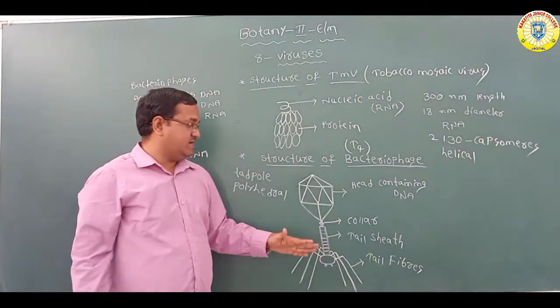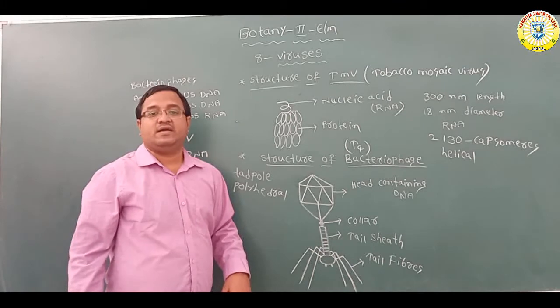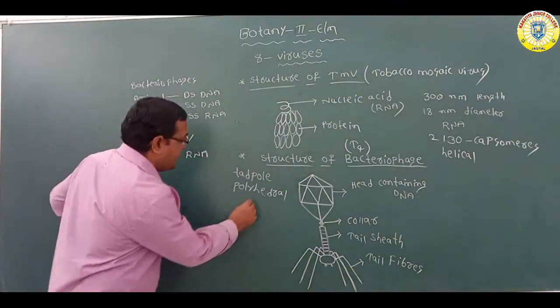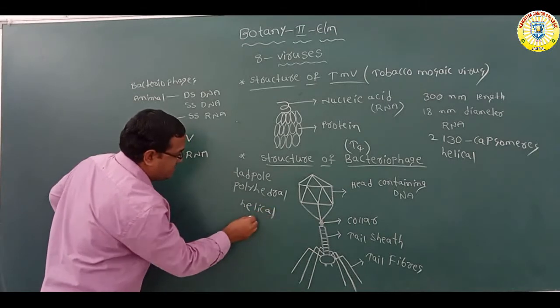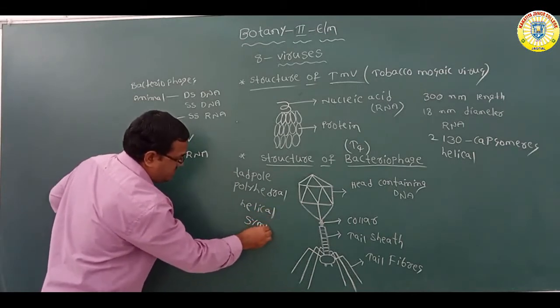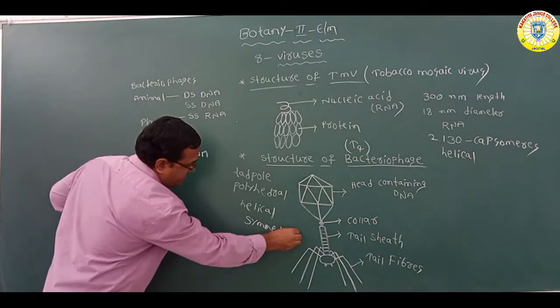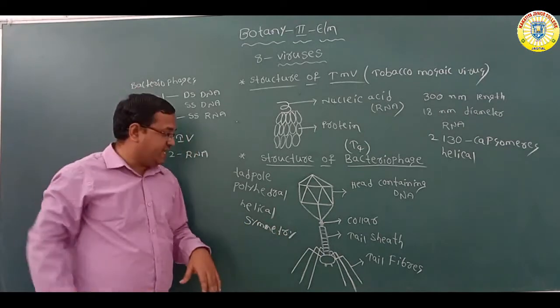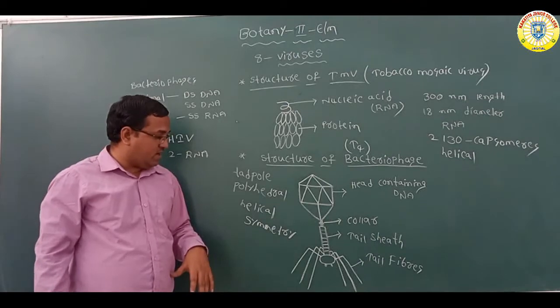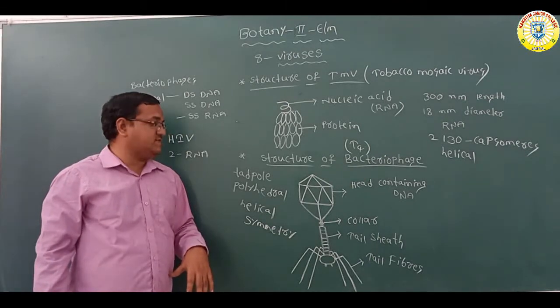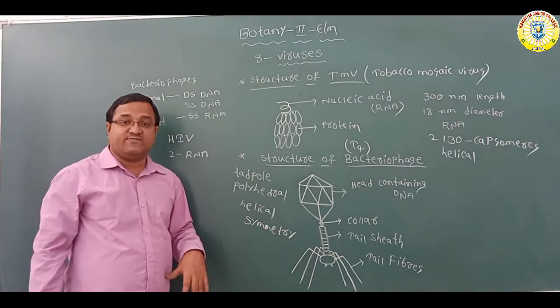Now comes the tail. Tail shows helical symmetry. Here, the tail contains mainly four parts.